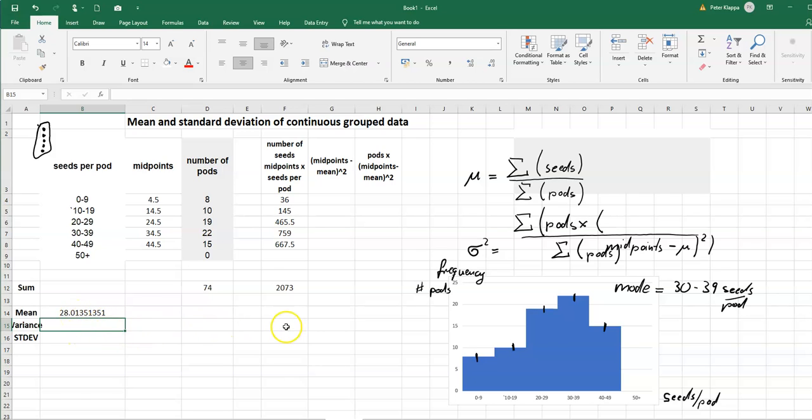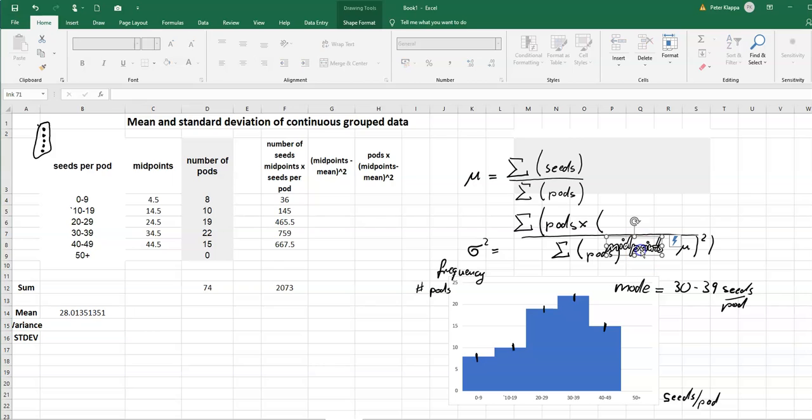Now, we also want to know what is the spread, and we can use the variance for this calculation. And the equation for the variance is written here.